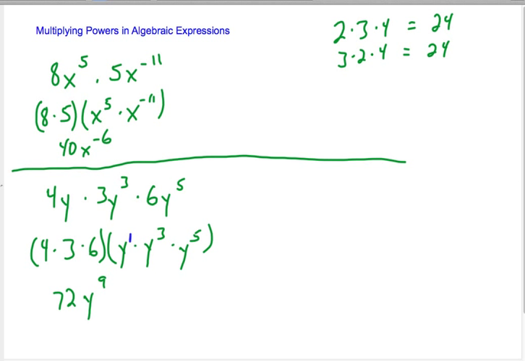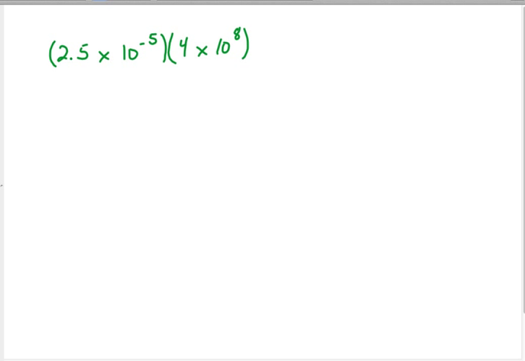Done. All right, let's get something that doesn't come up very often, but it's scientific notation. There are times that come up when you need to multiply scientific notation. When that happens, keep in mind it's all multiplication. So again, you can split these front numbers out. So we could say 2.5 times 4, and then we can deal with the powers of 10.